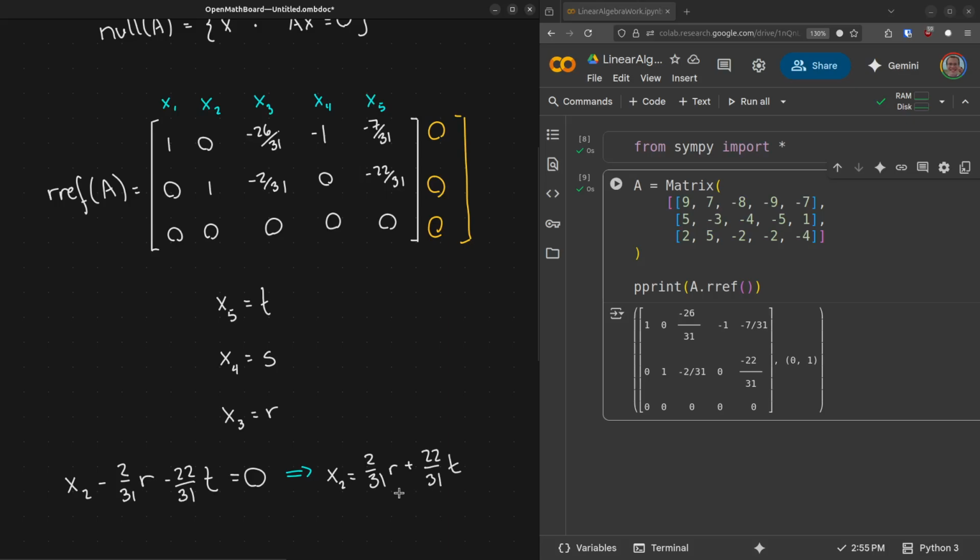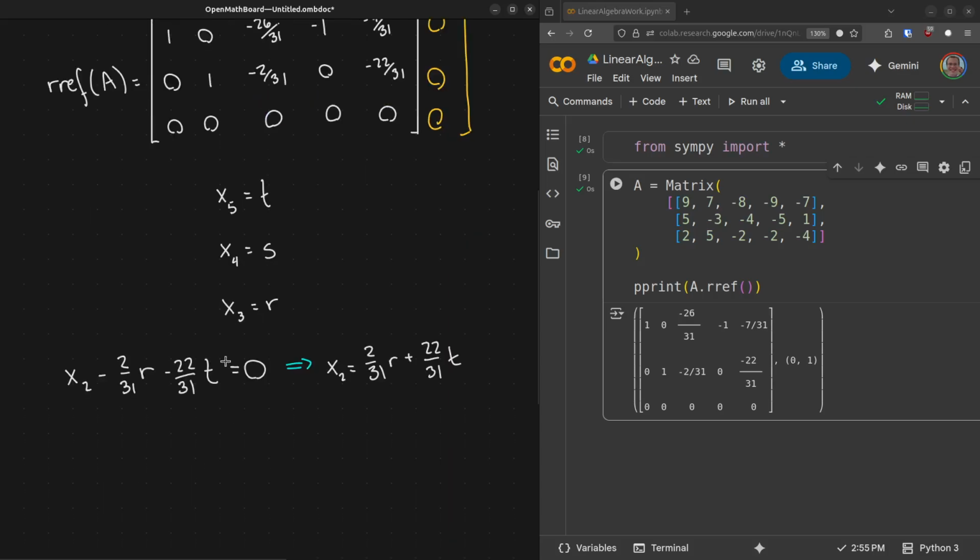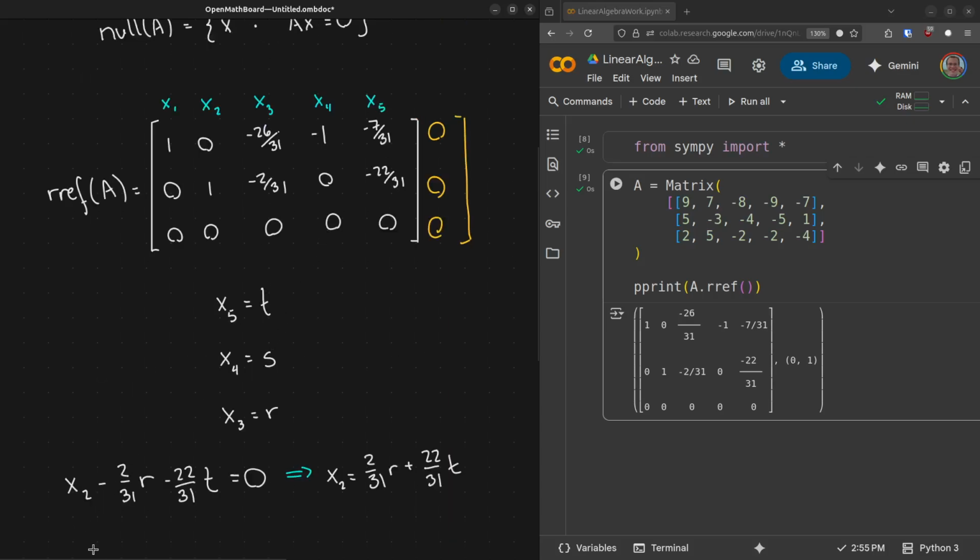I just added these 2 terms to the other side of the equation. And for row 1 will help me learn about x1. I can solve for x1. Okay, so I get 1x1 plus 0x2 minus 26 over 31x3, but x3 is r, my free variable r, minus 1x4, but x4 is equal to my free variable s, so minus 1s, minus 7 over 31x5.